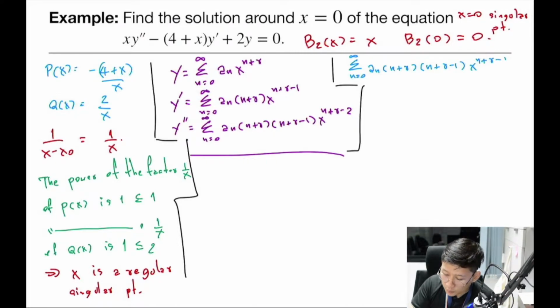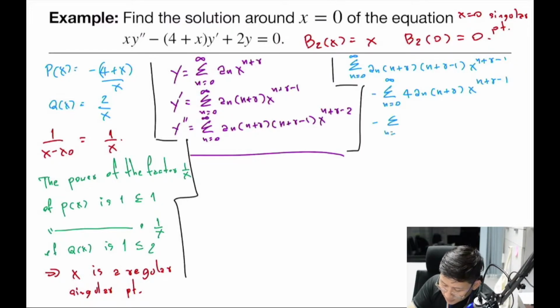And the second one would be minus 4 times y prime and x times y prime. So that would be summation n from 0 to infinity of 4(n plus r) x to the n plus r minus 1, minus summation n from 0 to infinity, and then x times y prime, that would be (n plus r) x to the n plus r. You get that?